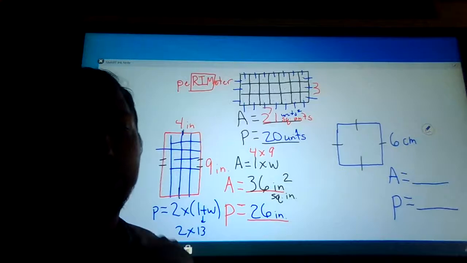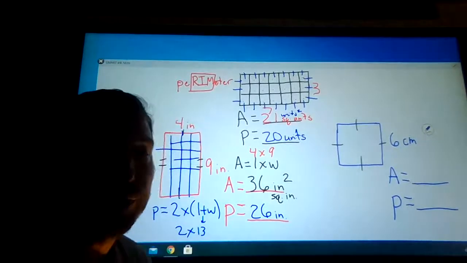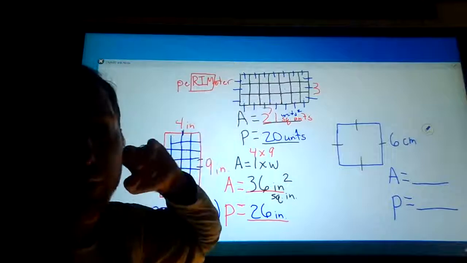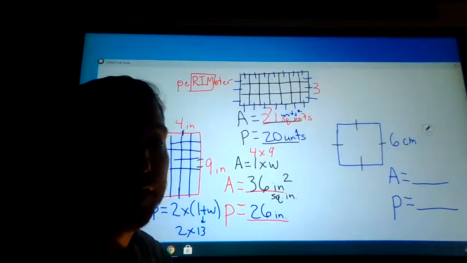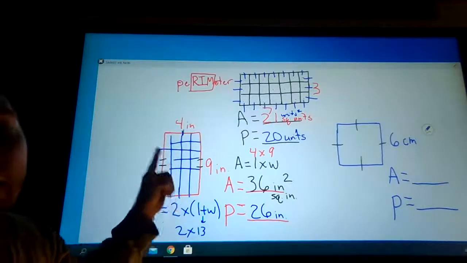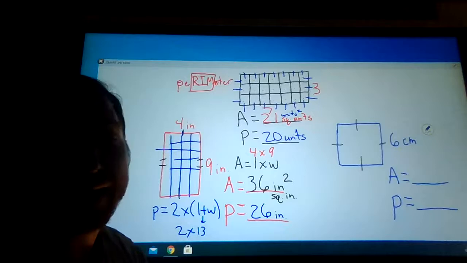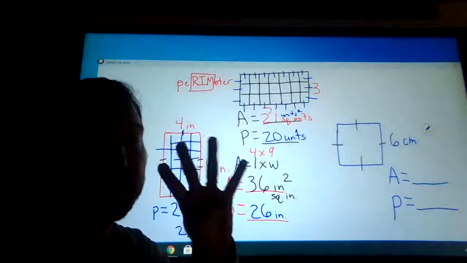Okay? Another rule: sometimes we have a square itself, not the little squares like square units, but a square, and it might only tell me one side of it. Just like I know with rectangles, opposite sides are always equal, in a square I know that all 4 sides are equal.